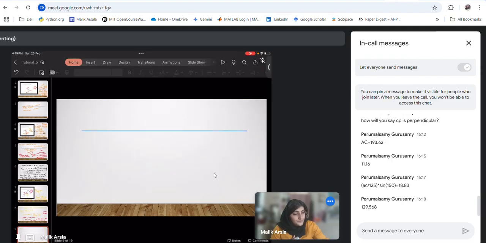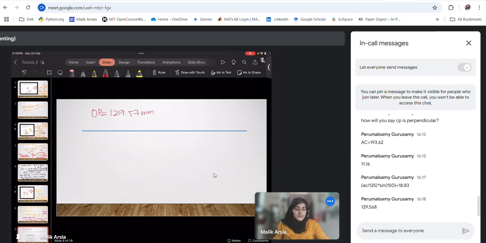So OP is coming out to be 129.57 mm. Now xp is OP cos of minus 30 degree and yp is OP sine of minus 30 degree.